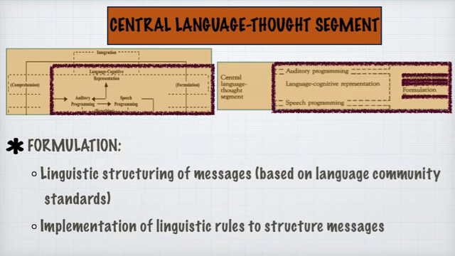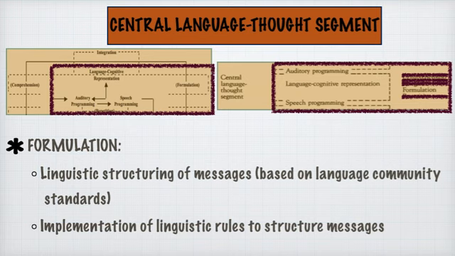Okay. Next behavior correlate, we have formulation. So if you think about it, integration and comprehension were more about understanding language. So if we relate it to our association areas, it is more like the sensory part, comprehension and integration. Sorry.